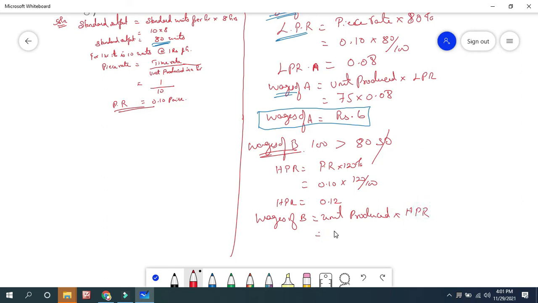Worker B produced 100 units into 0.12. Therefore wages of B is equal to 12 rupees. So wages of A is 6 rupees under the low piece rate, and wages of B is 12 rupees under the high piece rate.